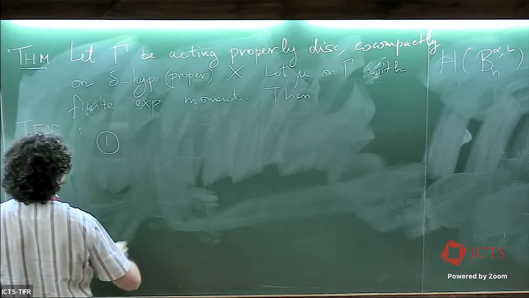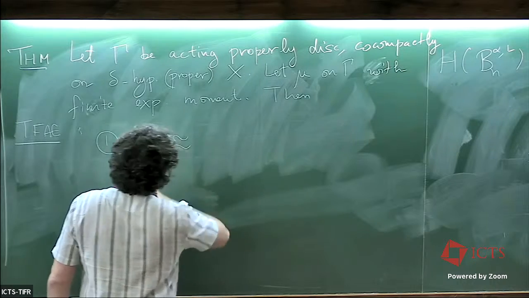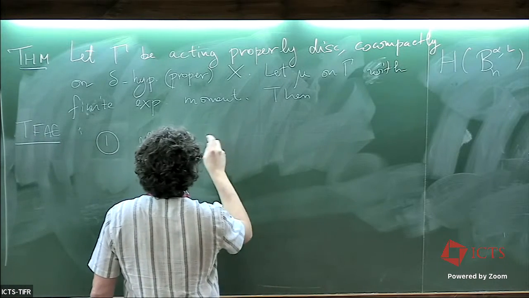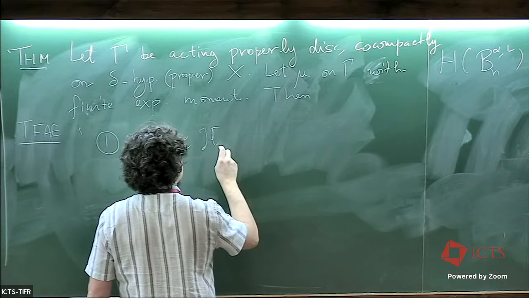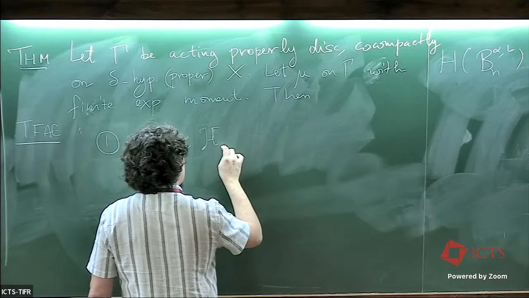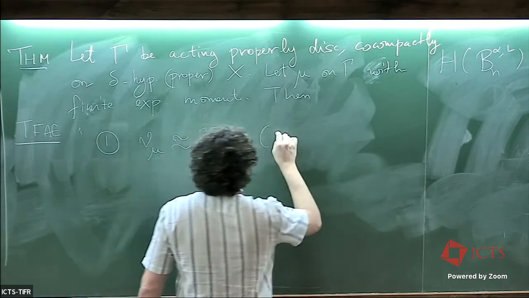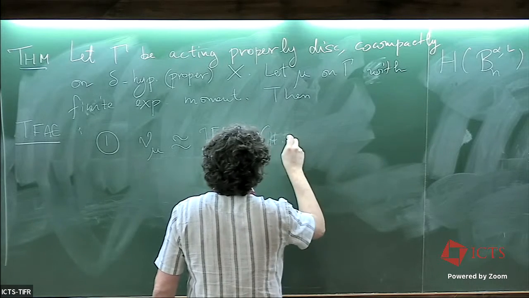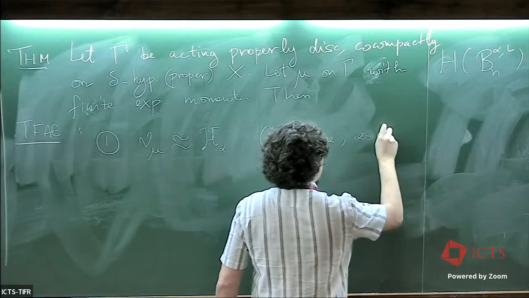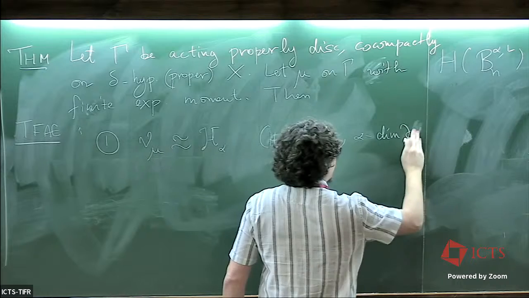First of all, the hitting measure for this random walk is in the same class as the Hausdorff measure, let's call it H alpha, where alpha is the dimension of the boundary.